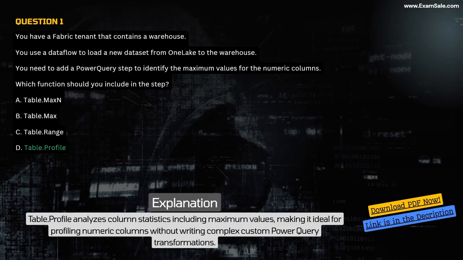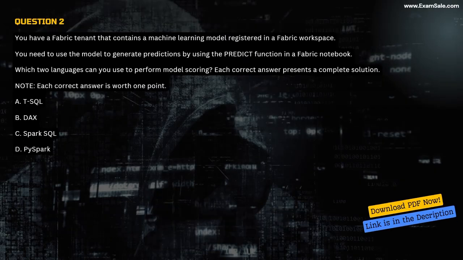Power Query transformations. Question 2. You have a Fabric tenant that contains a machine learning model registered in a Fabric workspace. You need to use the model to generate predictions by using the PREDICT function in a Fabric notebook. Which two languages can you use to perform model scoring? Each correct answer presents a complete solution. Note: each correct answer is worth 1 point.